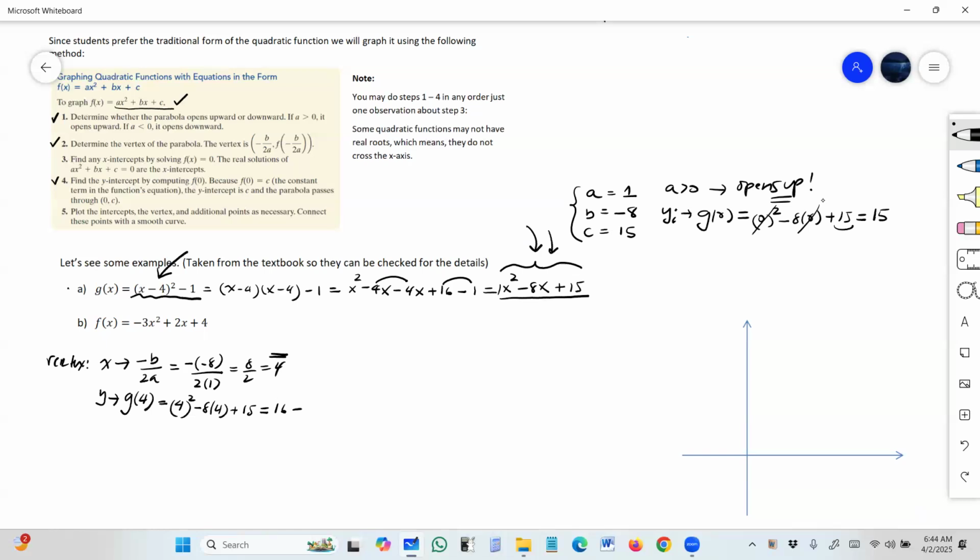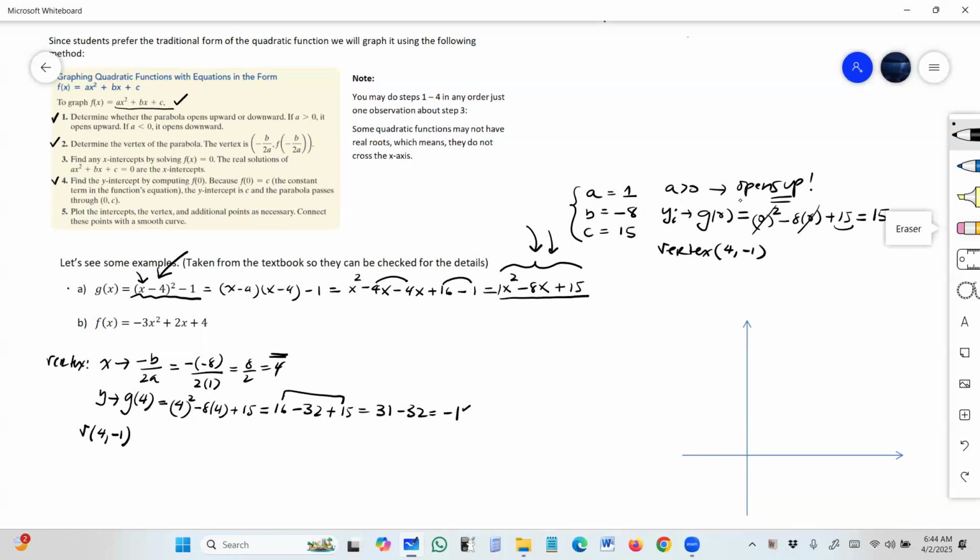So this is 16 minus 32 plus 15, which is 31 minus 32, which is -1, exactly what we got from here, because if I replace x with 4, I have 4 minus 4, 0 squared, 0 minus 1, minus 1. So my vertex has coordinates 4, -1. I'm going to write it over here because I'm going to need that space to solve for the roots. So the vertex is 4, -1.